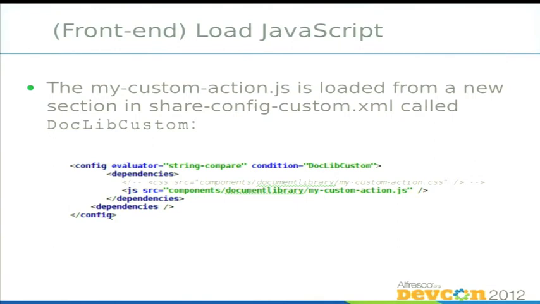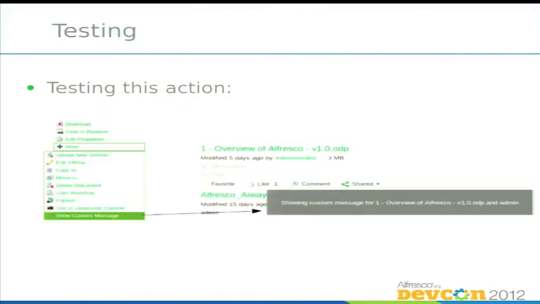In there, you're just going to put all your dependencies, and when Alfresco creates the page, it's automatically going to put a script loading thing in the head section of that page for you. So this is what I need to do. I put my JavaScript file in the document library folder there, and it's a relative path under META-INF in the share extension.